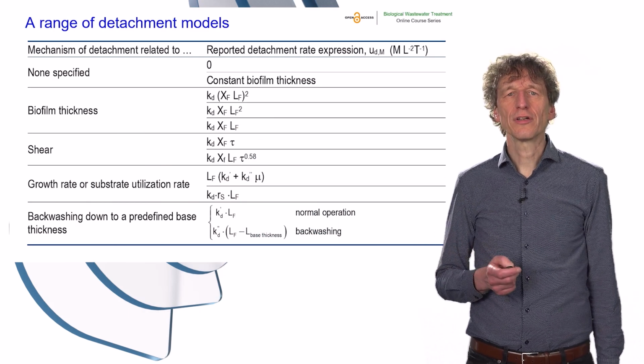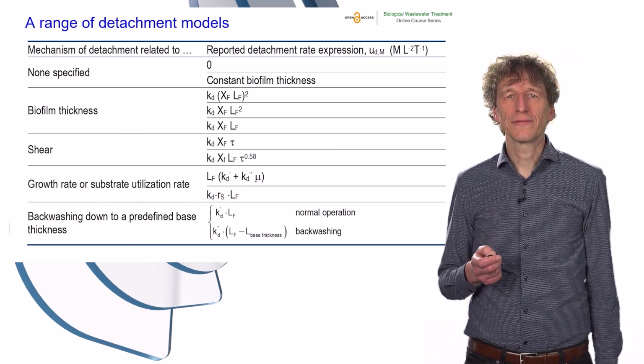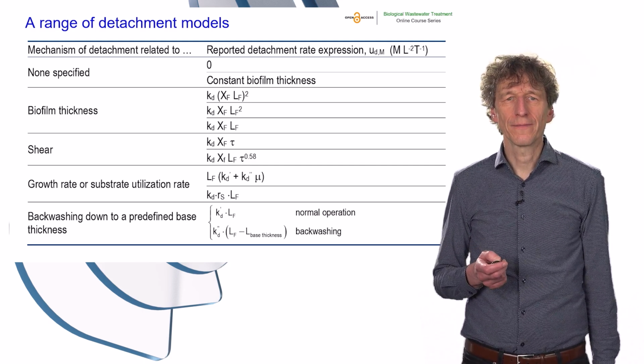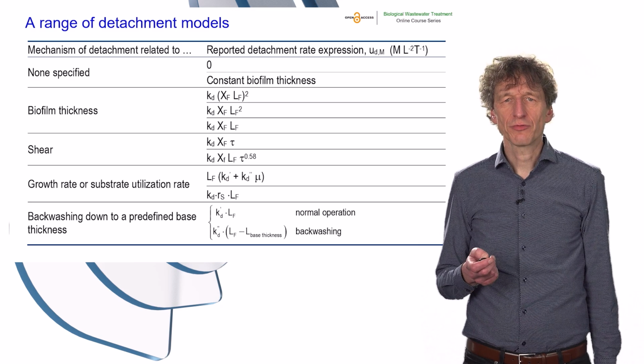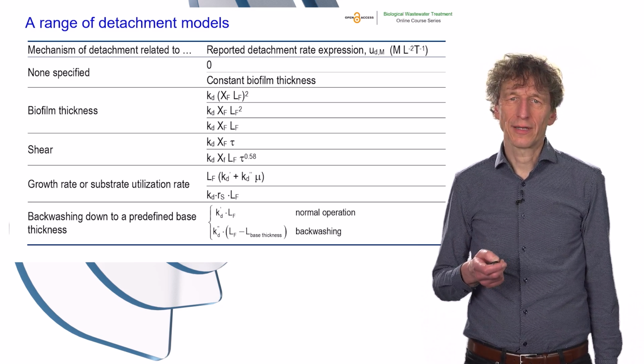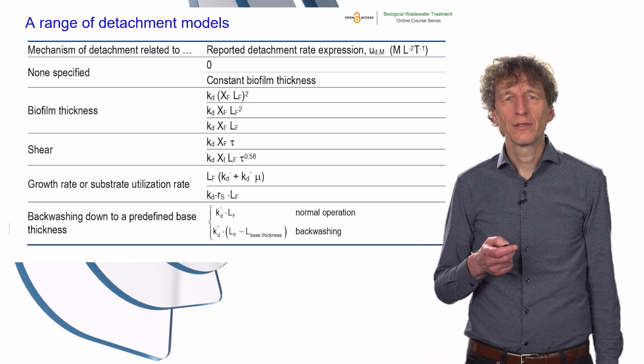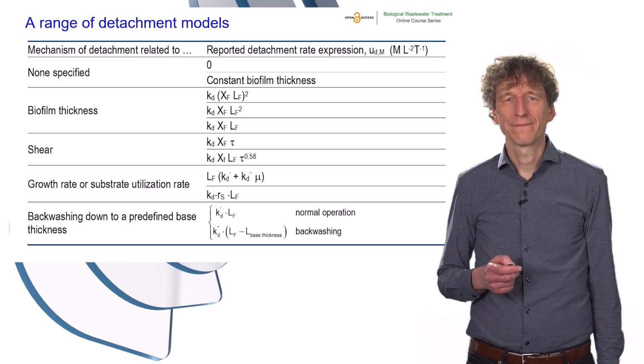In the literature, we find a diversity of detachment rate expressions, as is shown in this table. Some detachment rate expressions are linked to the biofilm thickness. Other expressions are linked to shear or to growth rate.